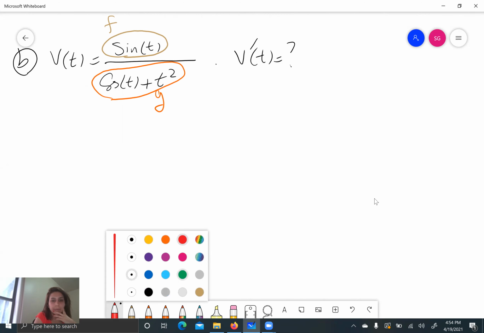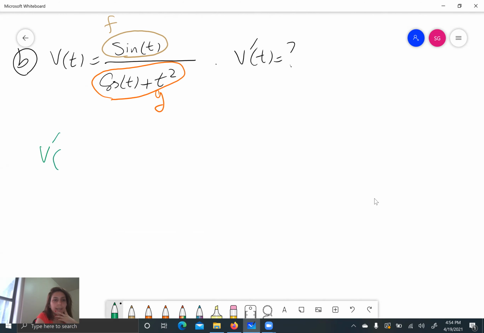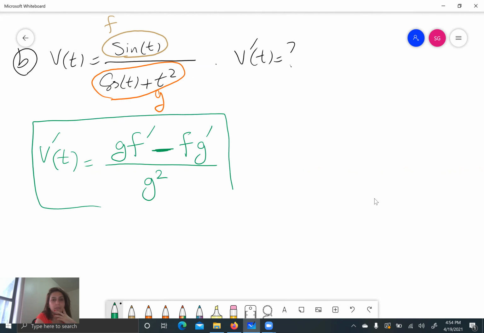The quotient rule says that the derivative is denominator g times f prime minus f times g prime, over denominator squared. That is the rule we are going to use to take the derivative of this function.